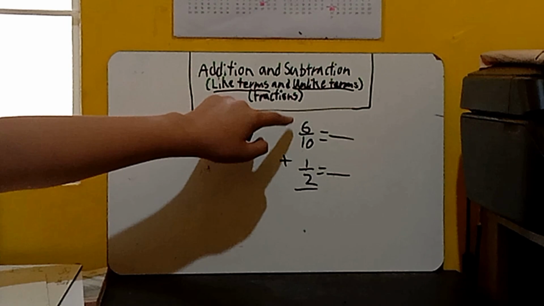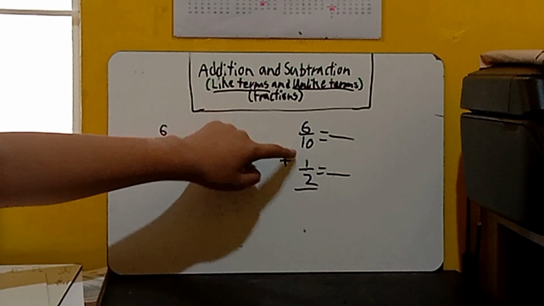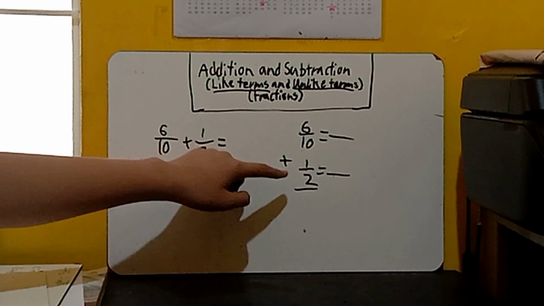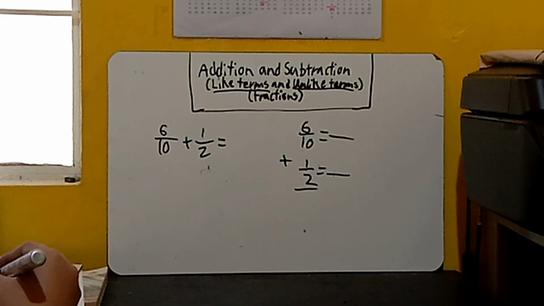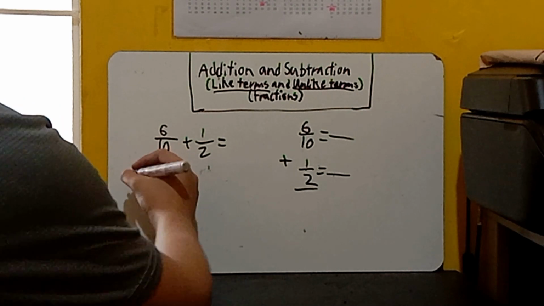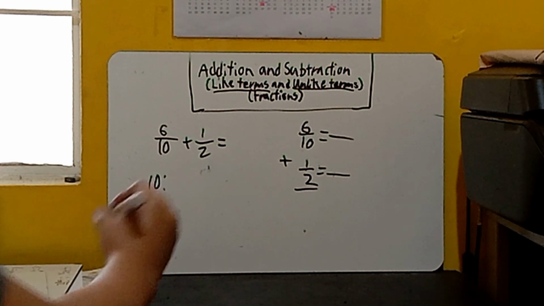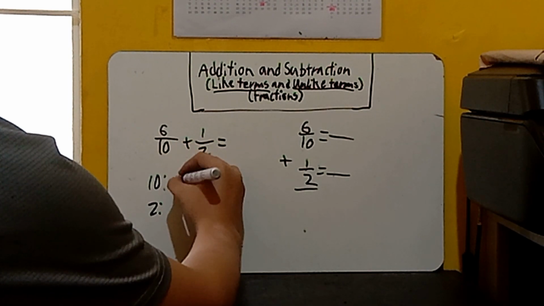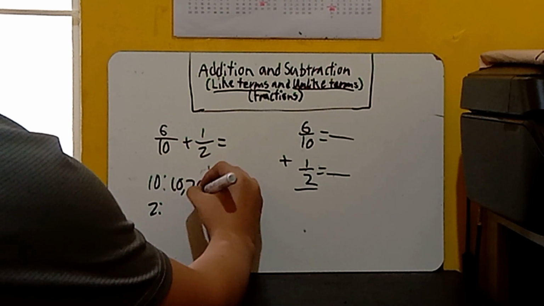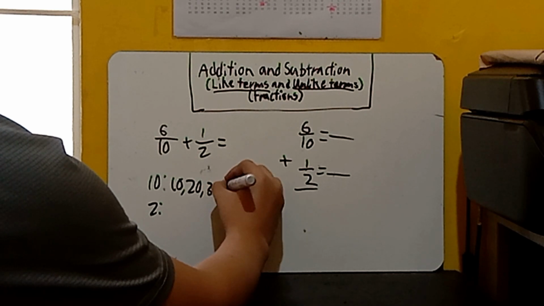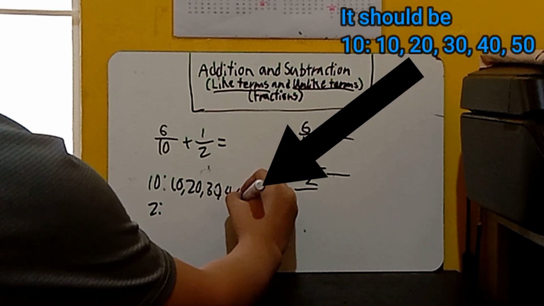Well, you see the denominator of 6/10 is 10, and the denominator of 1 half is 2. So what's the least common denominator of 10 and 2? We're gonna put 10 here, and we're gonna put 2 here. The multiples of 10 go like 10, 20, 30, 40.